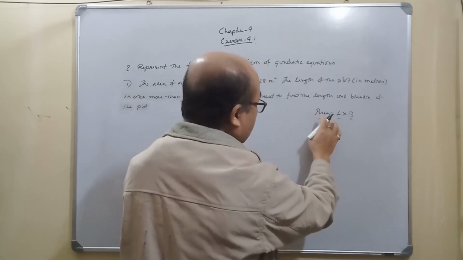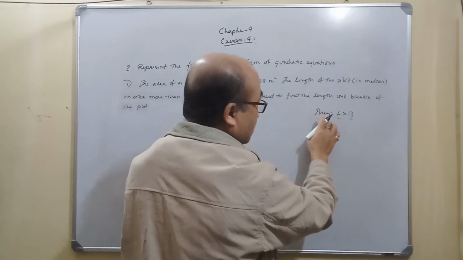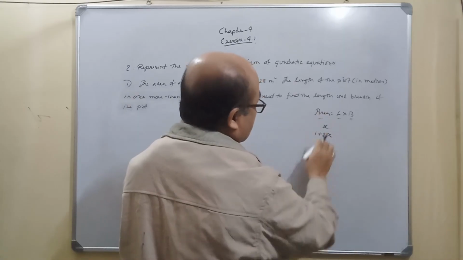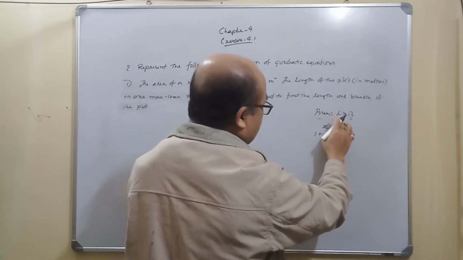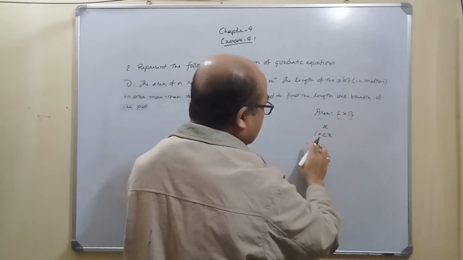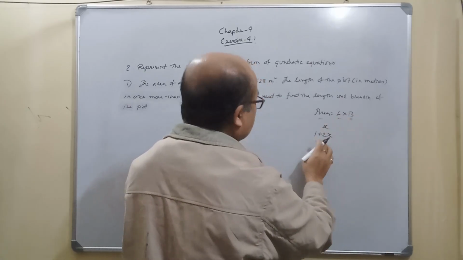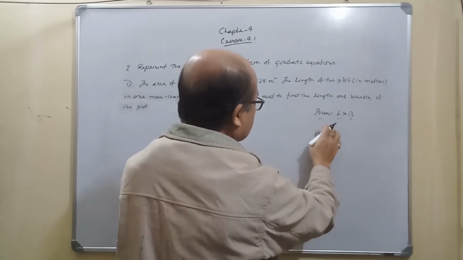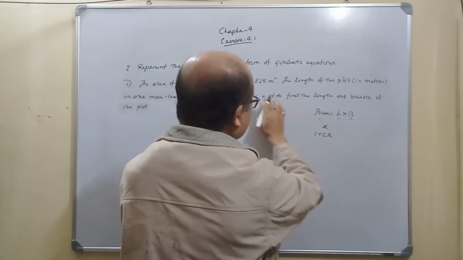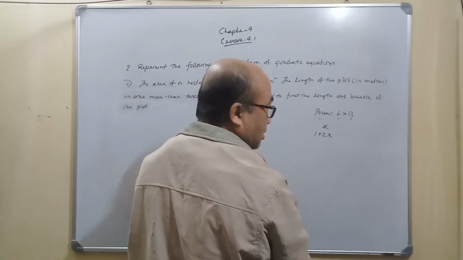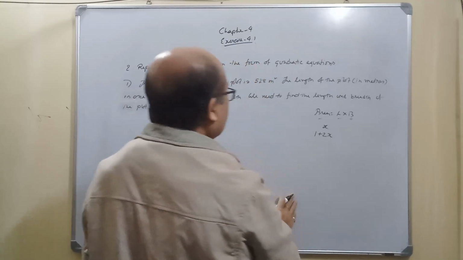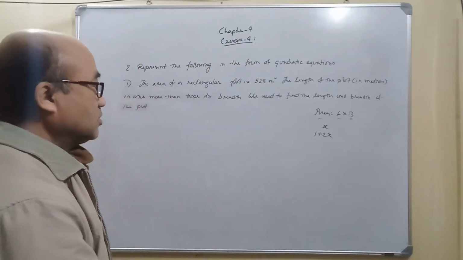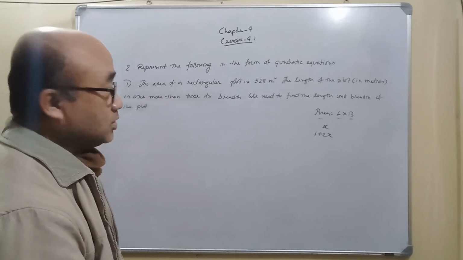And the area is also given, 528 square meters. So area is L into B, that is x into (1 plus 2x). So this multiplied gives us 528 square meters. There are actually two parts to this solution.